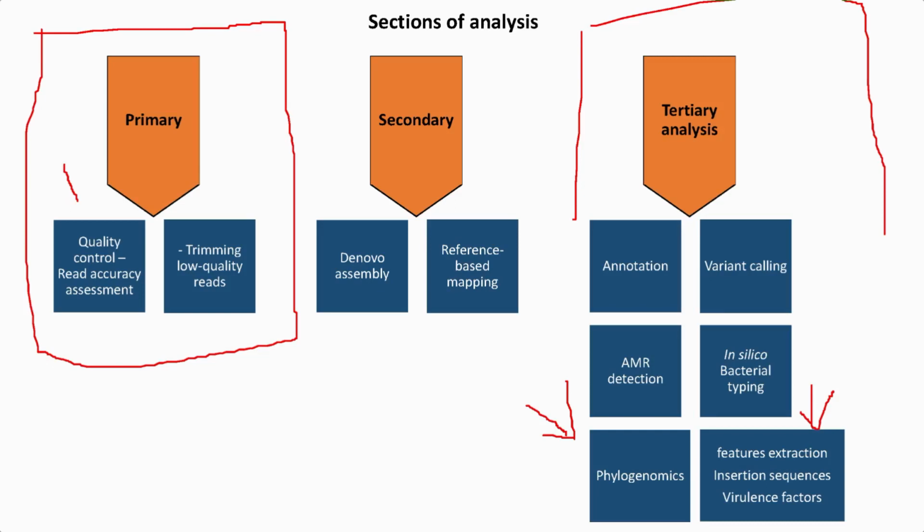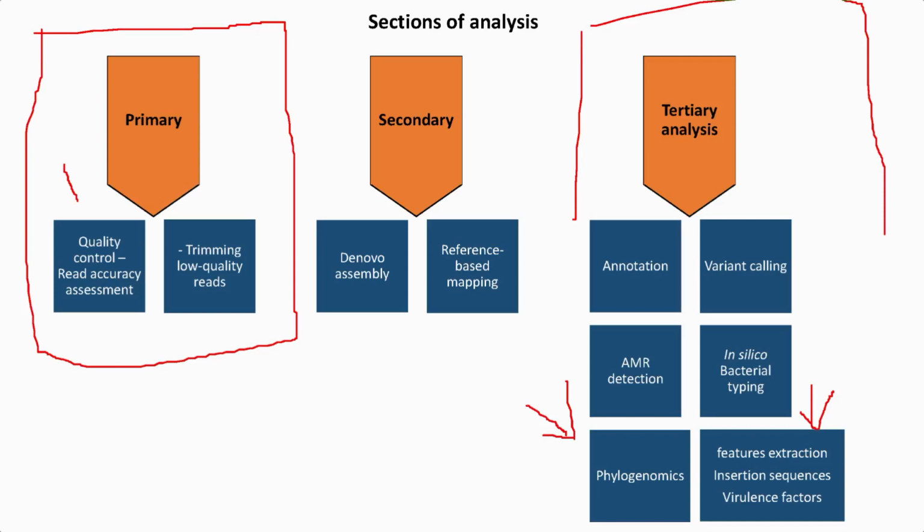Then we also do in silico bacterial typing, and another important step in most of these studies is conducting phylogenomics, where we want to know where these pathogens cluster with other strains that are being studied.